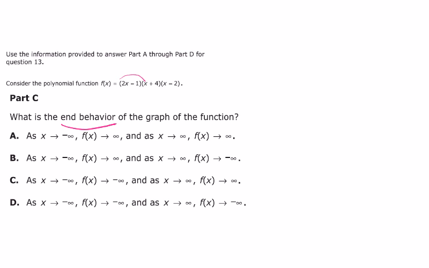So 2x times x is 2x squared. Now I multiply that by x again, and I end up with 2x cubed. You're going to have a lot of other terms if you FOIL this whole thing out, but the term with the highest exponent is going to be 2x cubed, and that makes it a cubic.